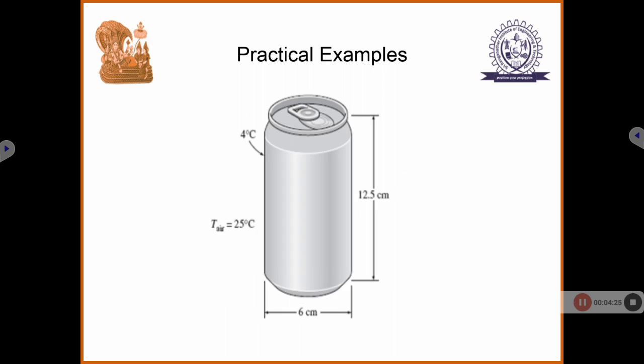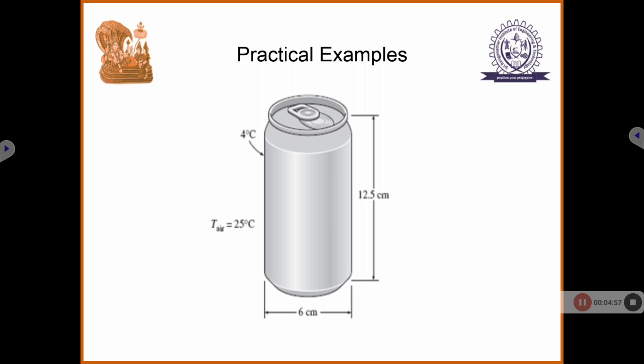So case 2. In scenario 2, a cold canned drink or soft drink. Let us assume the temperature is 4 degrees Celsius and the outside temperature is 25 degrees Celsius. Outside temperature, or ambient temperature, or room temperature, whatever it may be. It is 25 degrees Celsius and this is 4 degrees Celsius. So here the heat is transferred from the room or the ambient to the cold canned drink or soft drink.